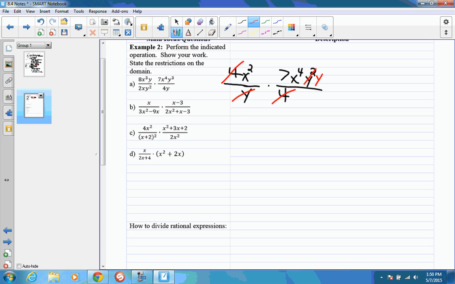Okay, so it helps having 2 different colors. Anything else going to cancel? Not cancel. Those will multiply, right? So good. Now what's left? I've got an x squared times a 7 times an x to the 4th times y. It's all over 1. So this becomes 7 x to the 6th times y.